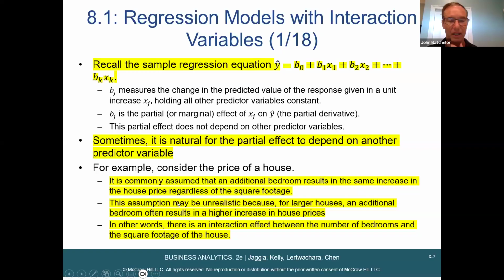So here's just some other examples. It's commonly assumed that an additional bedroom results in the same increase in the house price regardless of the square footage. The assumption may be unrealistic because for larger houses, an additional bedroom often results in a higher increase in house prices. In other words, there's an interaction effect between number of bedrooms and the square footage of the house.